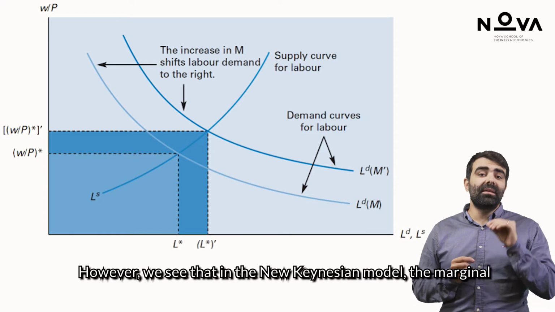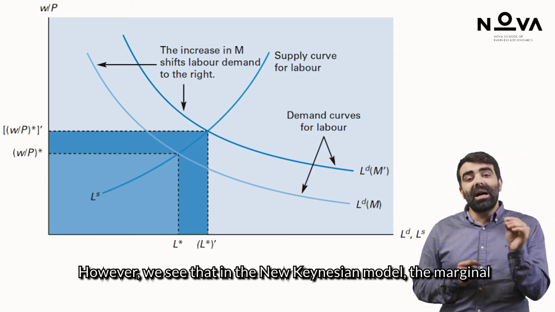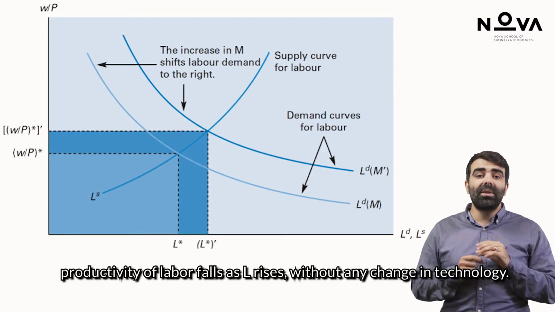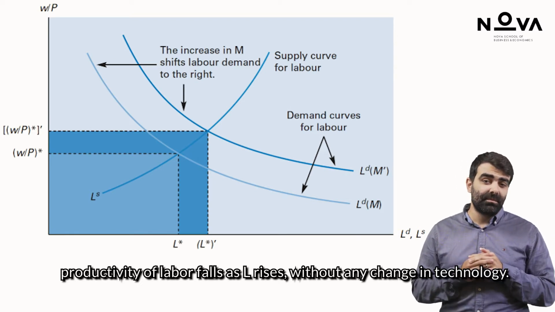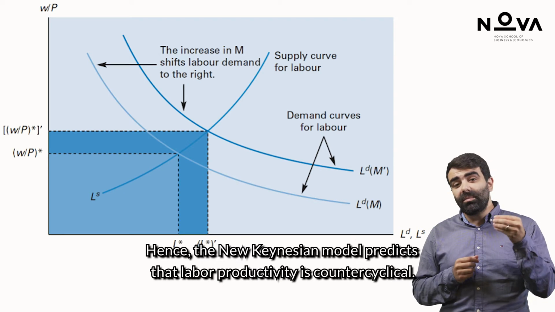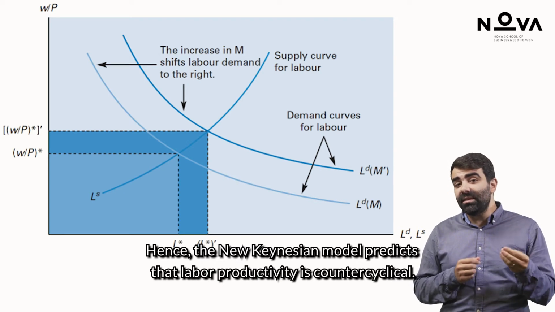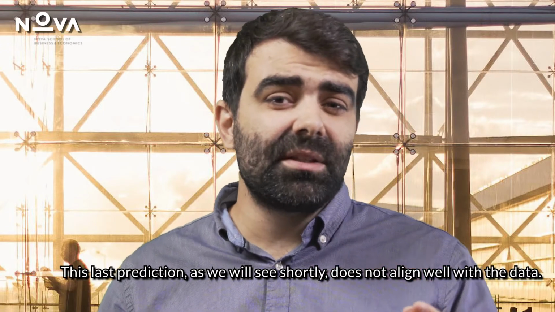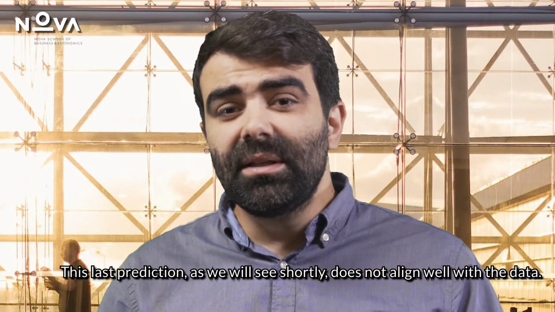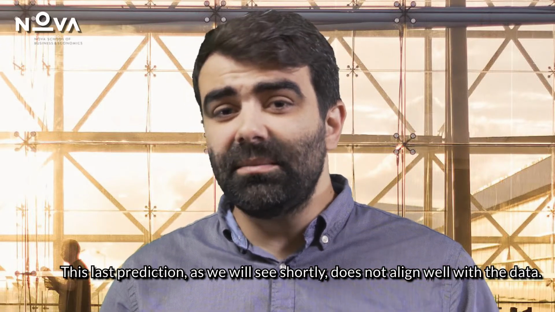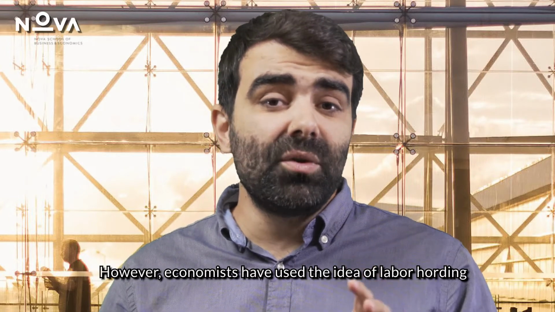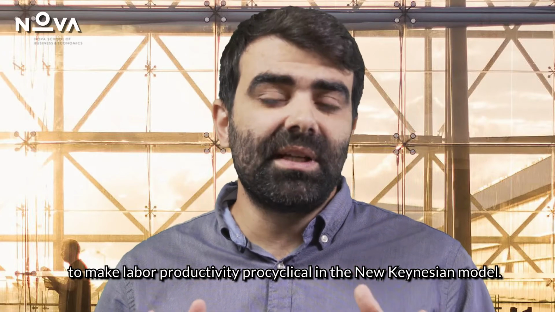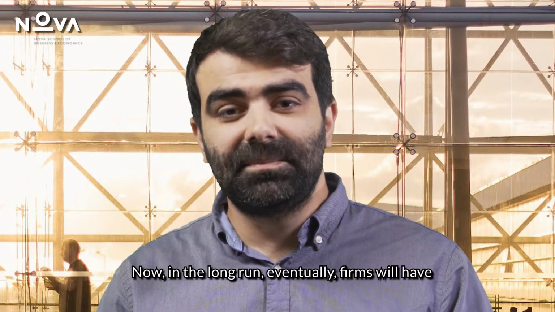However, we see that in the new Keynesian model, the marginal productivity of labor falls as L rises without any change in technology. Hence, the new Keynesian model predicts that labor productivity is counter-cyclical. This last prediction, as we will see shortly, does not align well with the data. However, economists have used the idea of labor hoarding to make labor productivity pro-cyclical in the new Keynesian model.